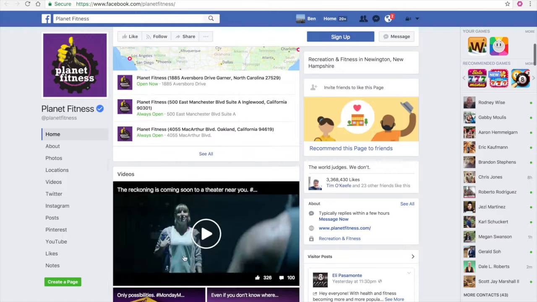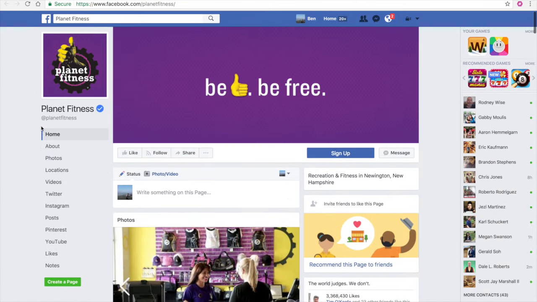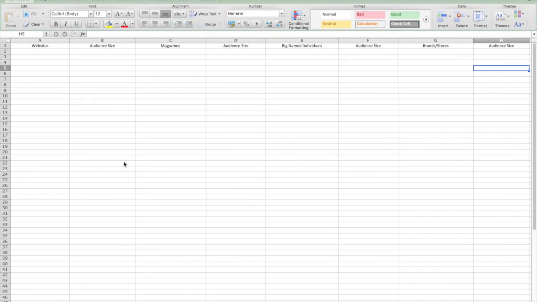So what we're going to do is copy this name and bring it over to our Excel spreadsheet. Now, this is super important for what we're doing. We are organizing all of our different types of pages into specific categories.